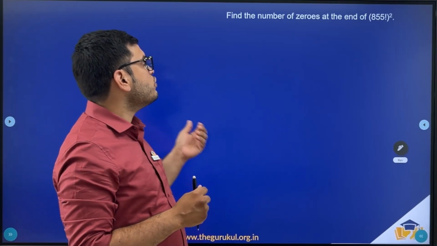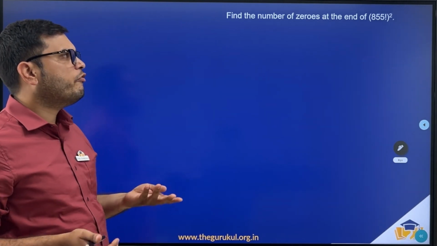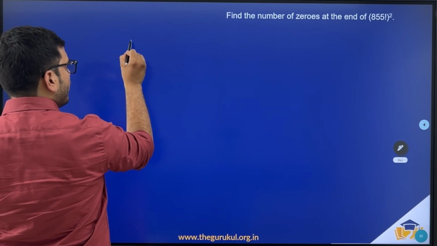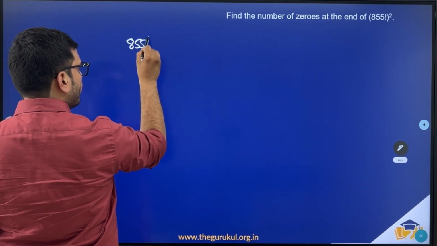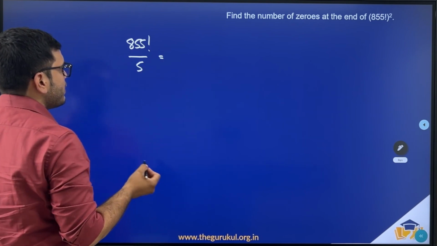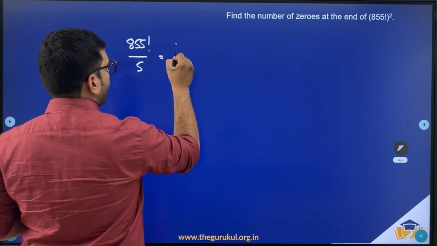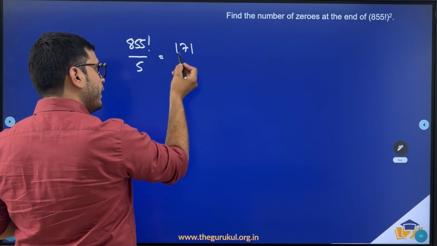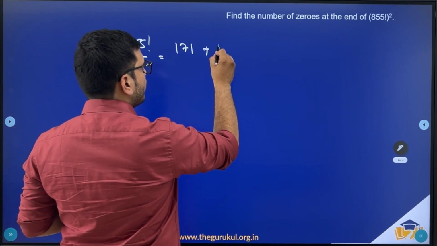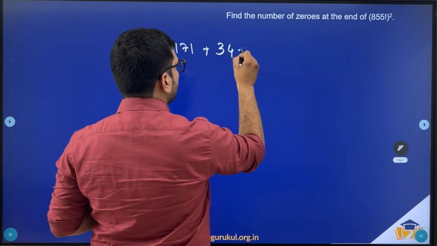Now coming to the last question: find the number of zeros at the end of 855 factorial whole square. Now first let's find the total number of zeros in 855 factorial. Now for that you need to first divide this by 5. So what is 855 by 5? 171. Right, again dividing 171 by 5, that would be 34.